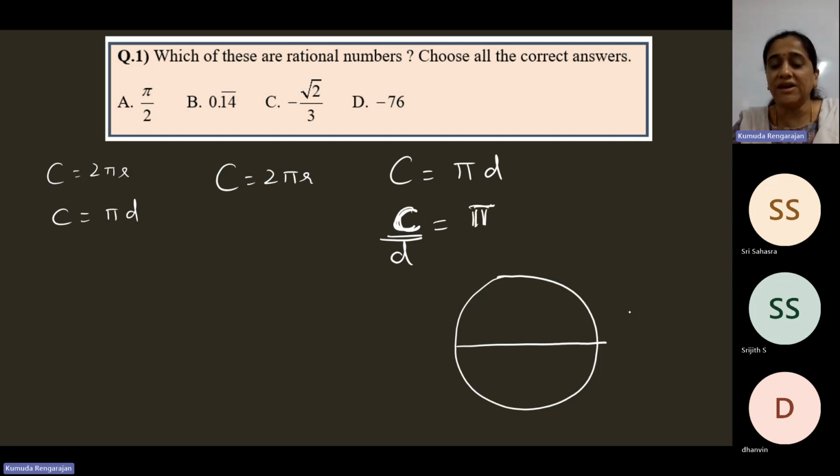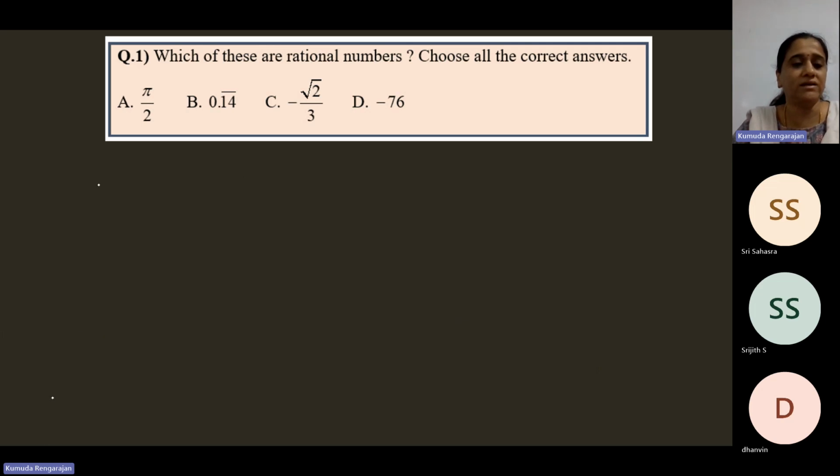Pi is the ratio of the circumference of the circle to its diameter, which is a non-terminating, non-repeating decimal. That's why this formula, circumference is equal to pi d.